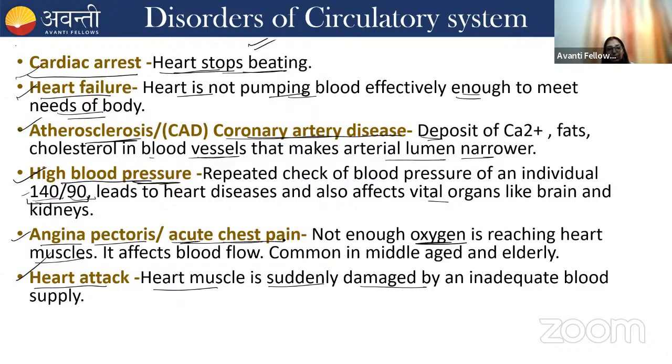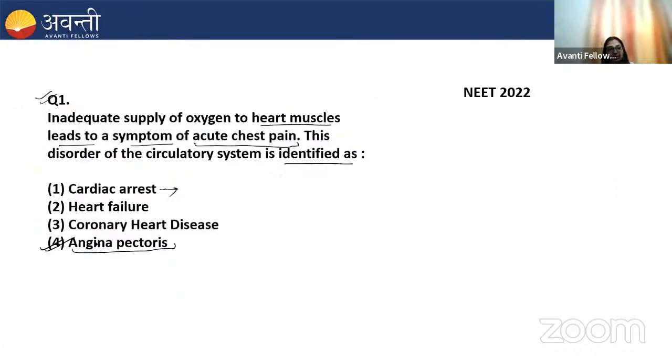Angina pectoris is acute chest pain when not enough oxygen is reaching the heart. A heart attack is when the heart muscle is suddenly damaged by an inadequate supply of blood. Remember all these points. So the correct option is angina pectoris, acute chest pain when enough oxygen is not reaching the heart muscles.